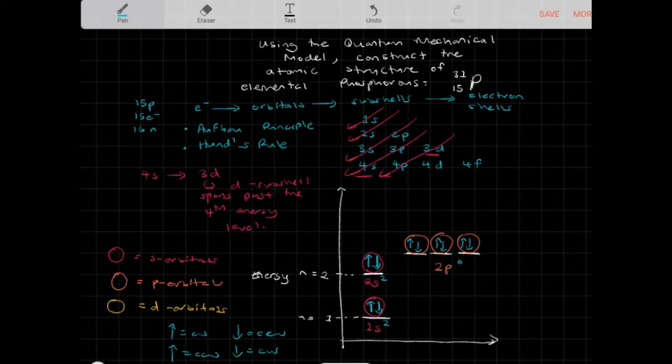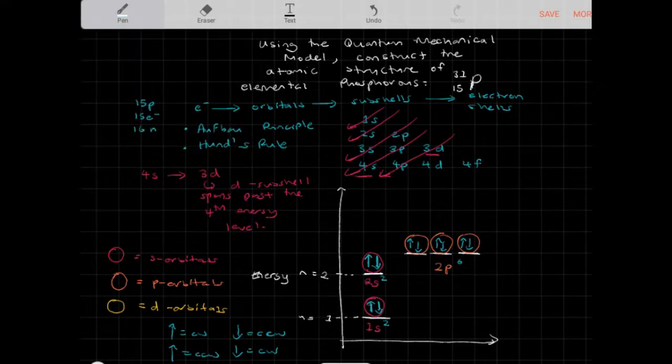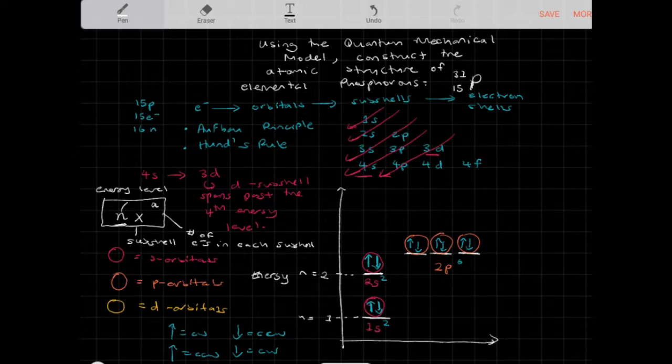Technically we can represent each subshell using n for the energy level, x for the type of subshell, and a as the number of electrons that occupies the subshell. So we can represent subshells in this format. I just used the variables n, x, and a.